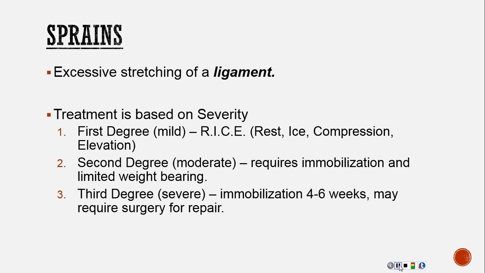Second degree or moderate sprain requires immobilization and limited weight bearing, in addition to the rest, ice, compression, and elevation. And finally, the severe or third degree sprain, again you do the rest, ice, compression, and elevation.